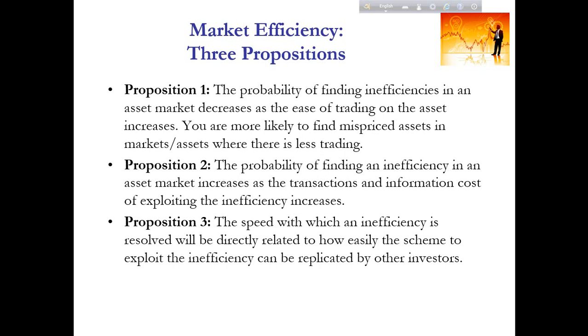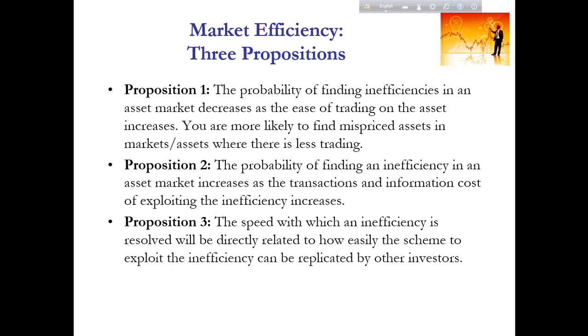Number one is the probability of finding inefficiencies in the market decreases as the ease of trading increases. So basically, you are going to be more likely to find mispriced assets where there is less trade. This is intuitive because the process which should maintain market efficiency, and by which market prices should be returned to their fundamental value, is arbitrage. Now, arbitrage opportunities are going to be very easy to exploit where there is quite a lot of trading.